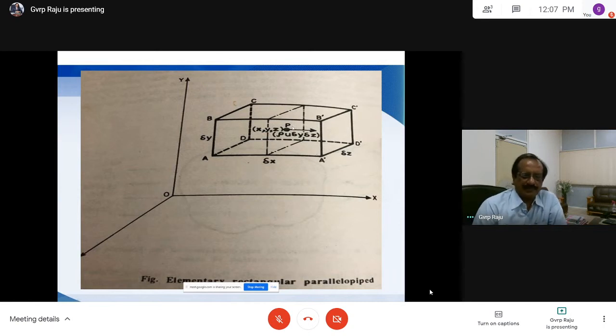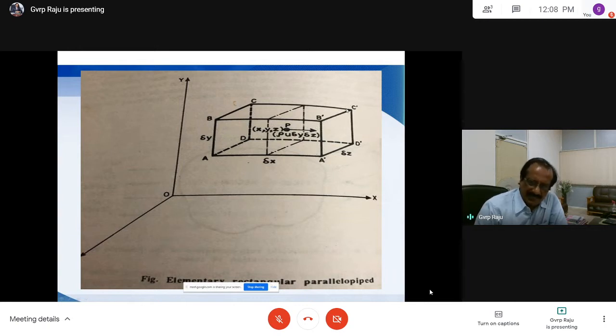Take the x direction. I will consider only one direction. Because the flow is normal to the surface, in the x direction we can consider only two faces. One face is ABCD, in which water is entering in the x direction.